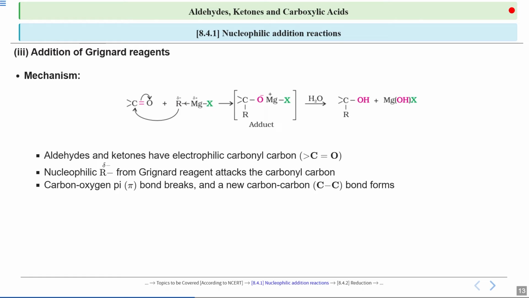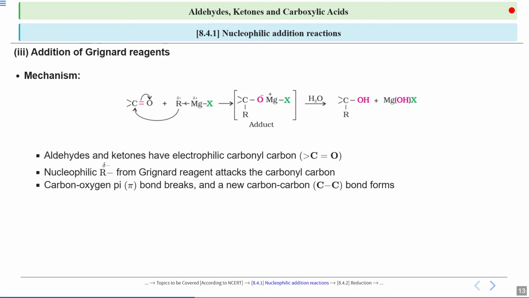As the Grignard reagent attacks, the pi bond between the carbon and oxygen breaks and the electrons move towards the oxygen. If you look at this diagram, you will see R, which has a partial negative charge, and Mg, which has a partial positive charge. So R will attack this carbonyl carbon, the electrons will shift towards oxygen, and oxygen has a negative charge.